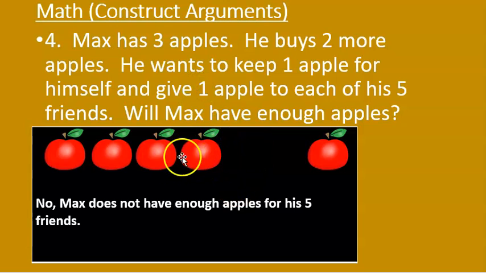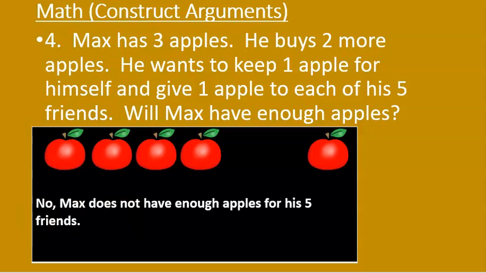Therefore, even if he gives these apples to his friends, 1 friend isn't going to get an apple. And that's what we explained here, okay? And like Mr. Begay said, your explanation, your argument might sound different than mine, but as long as you really see the picture here, you draw it out, you can make that connection there.